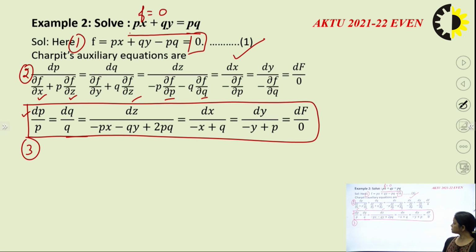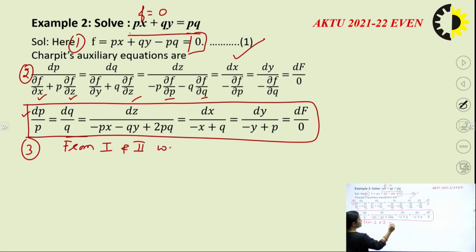So let us find the simplest fraction. See the first and second one. From first and second fraction, we have dp upon p is equal to dq upon q.